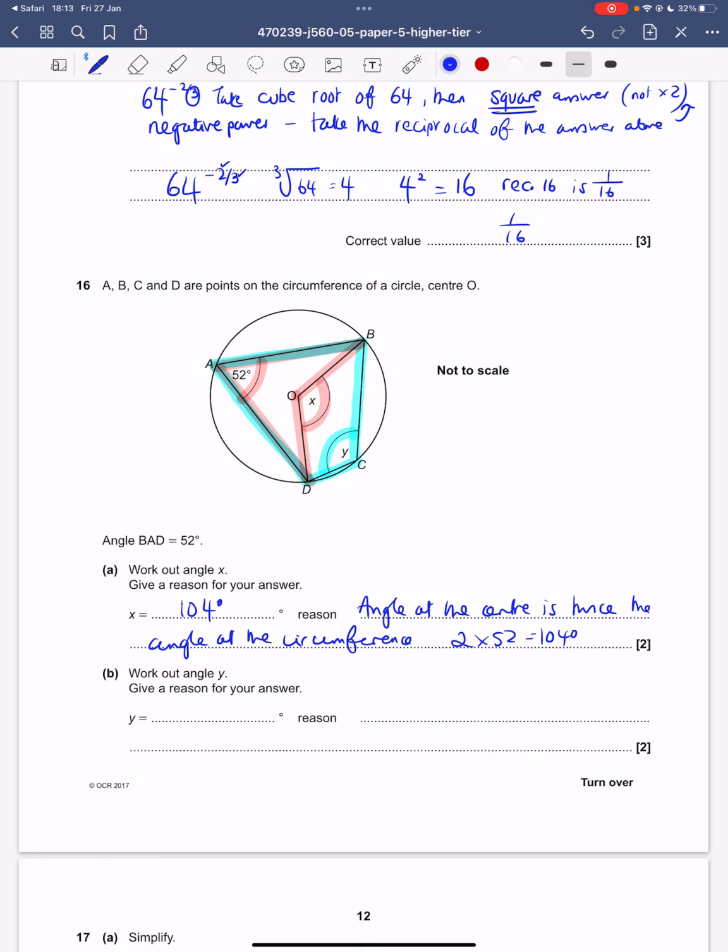So y is going to be 180 take away 52, 128 degrees.